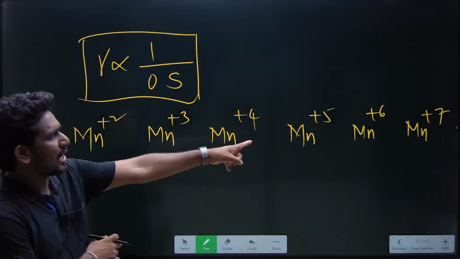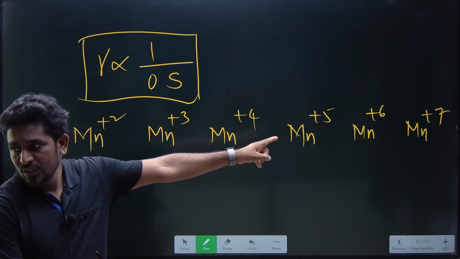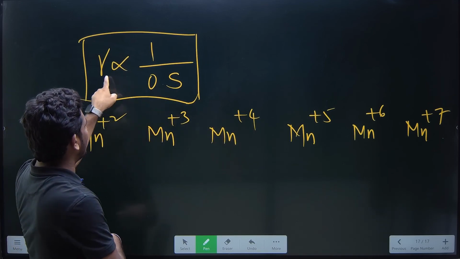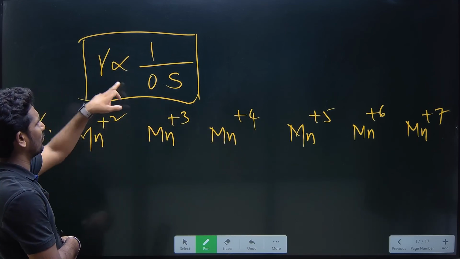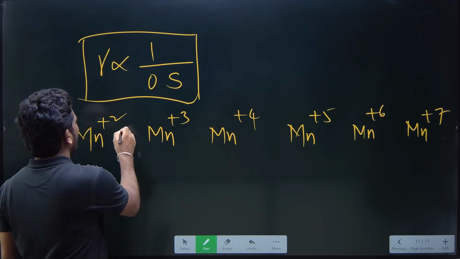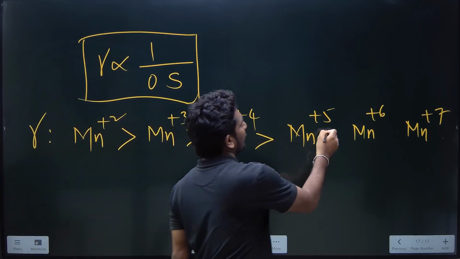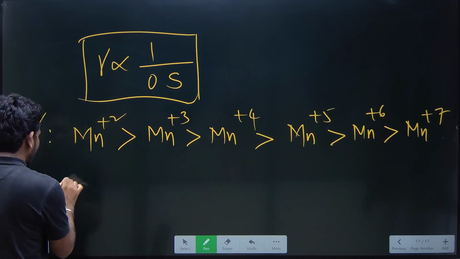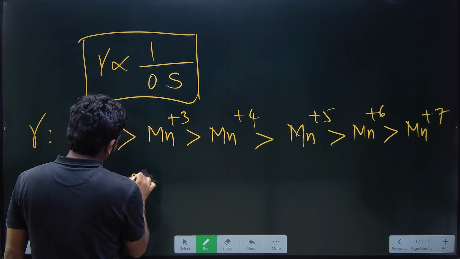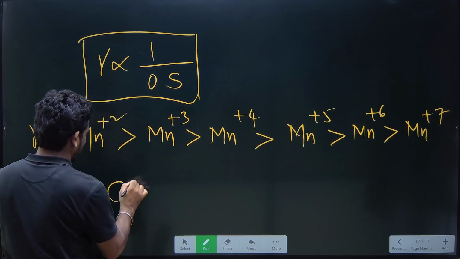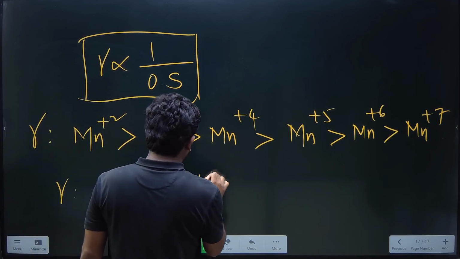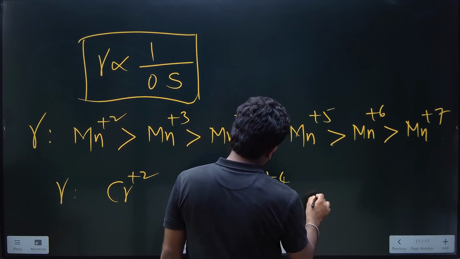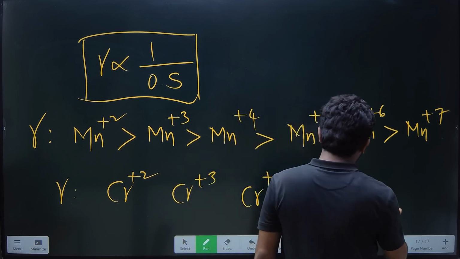More the charge, more the oxidation state, less the radius; less the oxidation state, more radius. ठीक है, now tell me, ये बराबर ना? Correct, no? This is correct. And what about this one? Radii of this one, tell me. Cr+2, Cr+3, Cr+4, Cr+5, Cr+6.